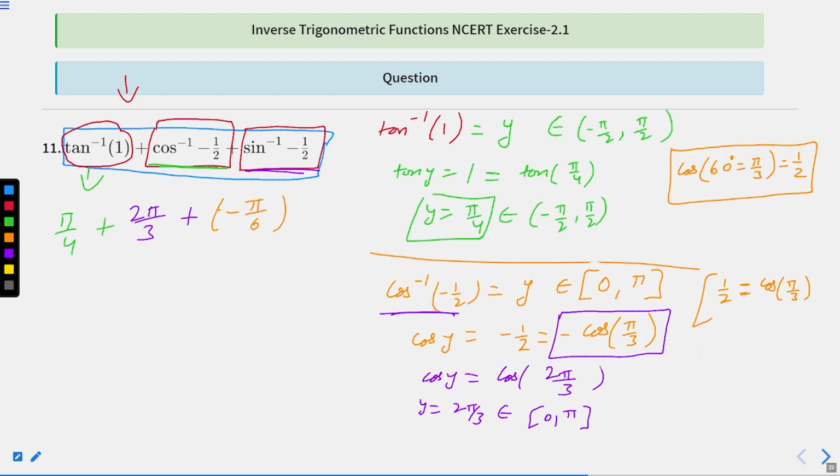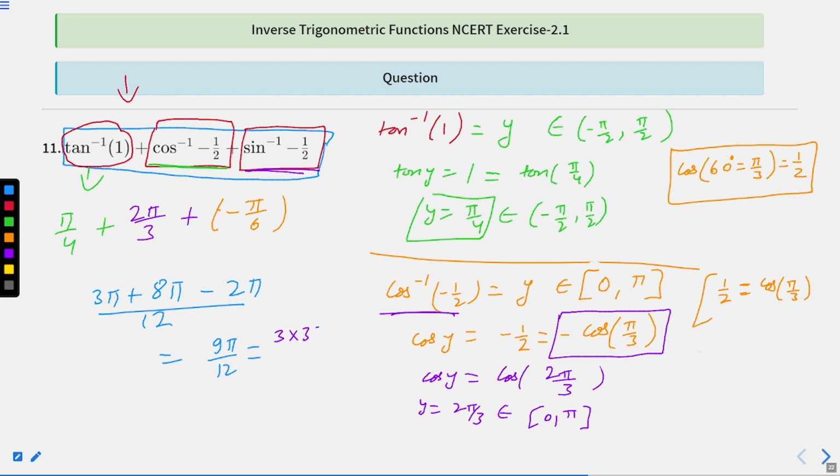Now just solve it. The LCM will be 12. Here 3 pi plus 8 pi minus 2 pi. What you will get is 6 plus 3, 9 pi by 12. Now we can simplify our fraction.